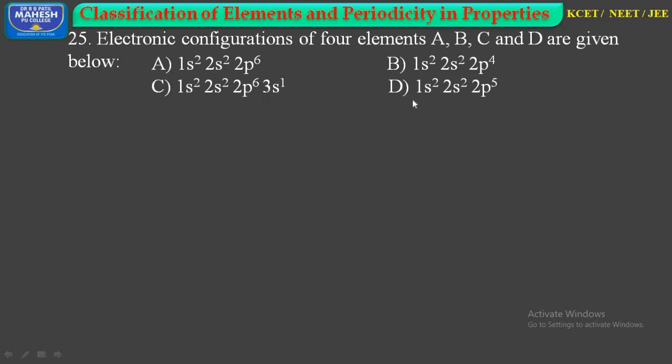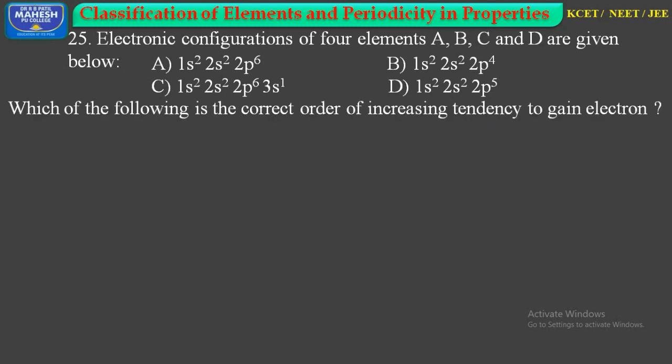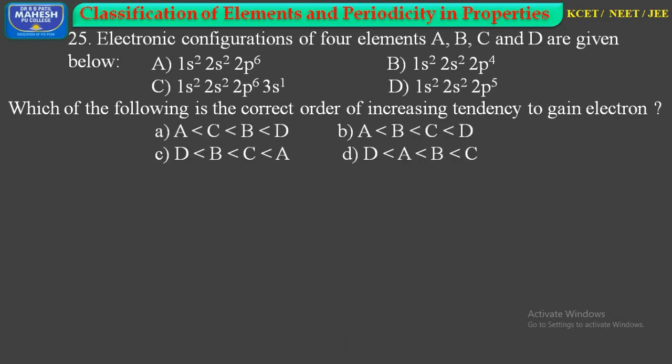And element D: 1s2, 2s2, 2p5. Which of the following is the correct order of increasing tendency to gain electrons? The options are: option A, C, B, D; option B, A, B, C, D; option C, D, B, C, A; and option D, D, A, B, C.